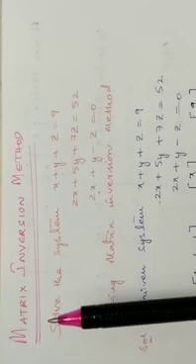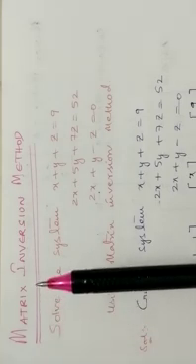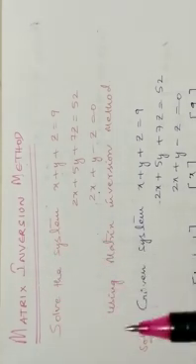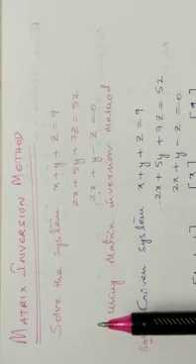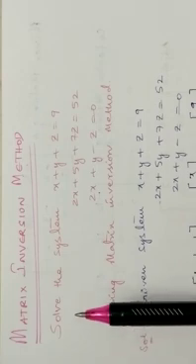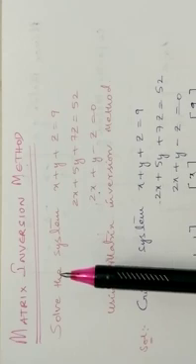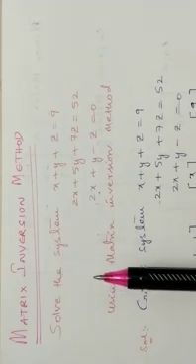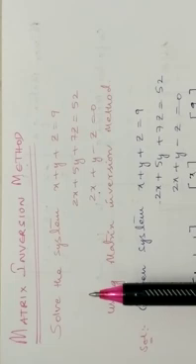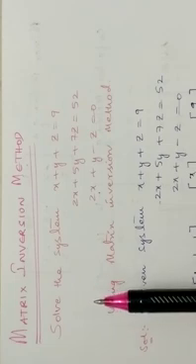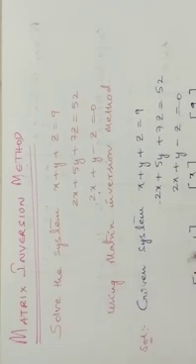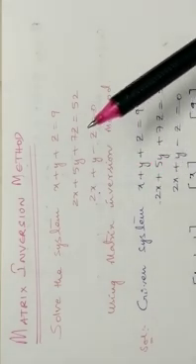In the name itself, you are having matrix inversion. Means, to a matrix, you have to find inverse to get the solution. Let us move into the problem, how to solve the system using this method.